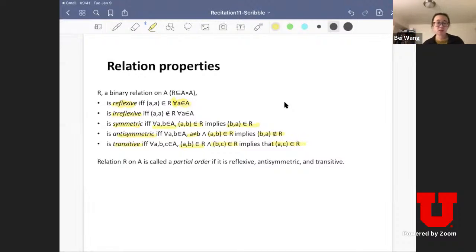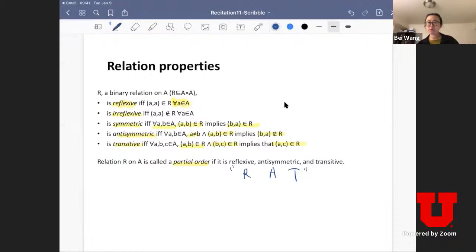And finally, a relation on A is called a partial order if it's reflexive, antisymmetric, and transitive, or for short, RAT, as you could remember it. So those definitions are important to remember. So those might be good things to put on your index card for the exam.